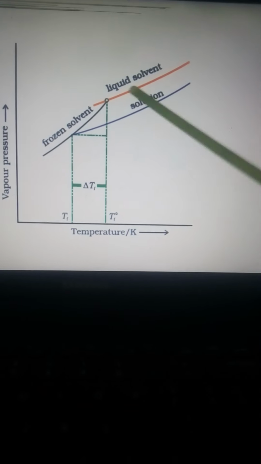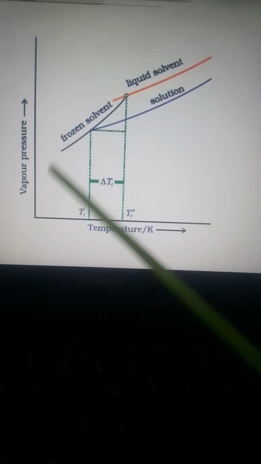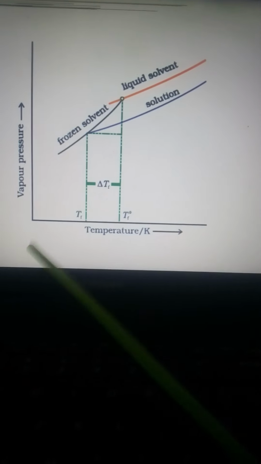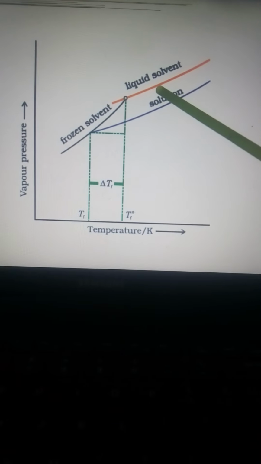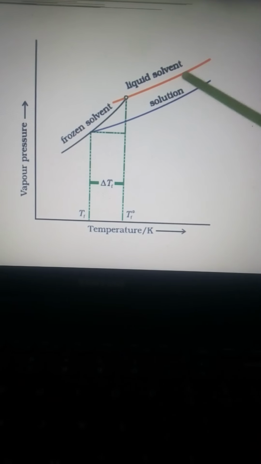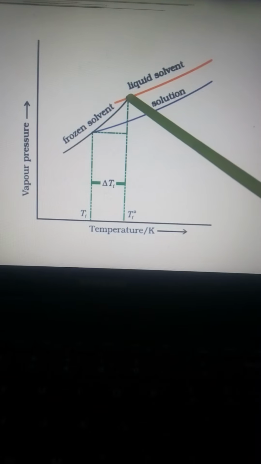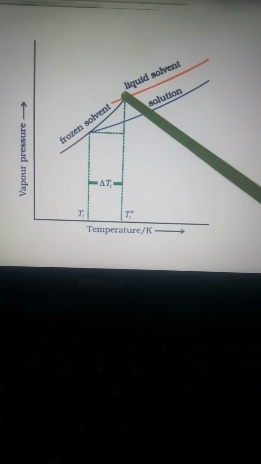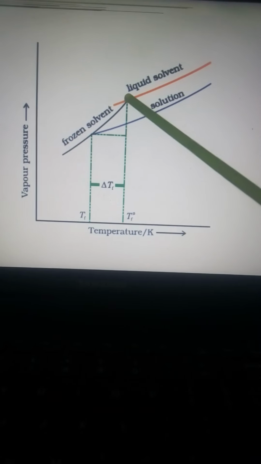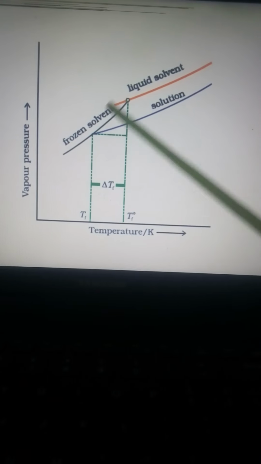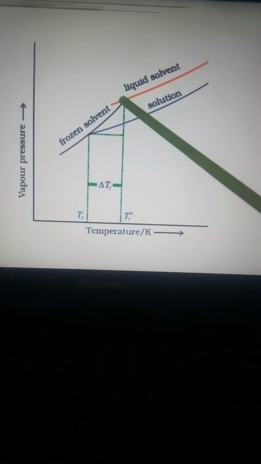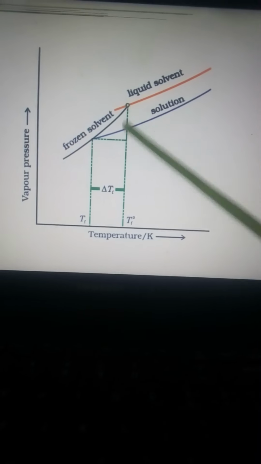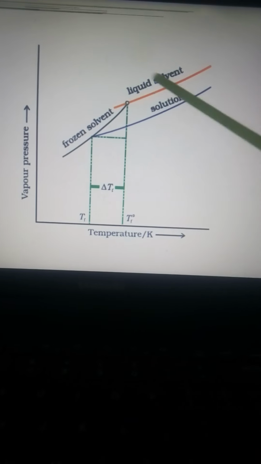As the temperature decreases, vapor pressure decreases, and the liquid solvent curve reaches this point, where the vapor pressure of the liquid solvent becomes equal to that of the frozen solvent. At this point the liquid starts to freeze. This is the freezing point of the liquid solvent.